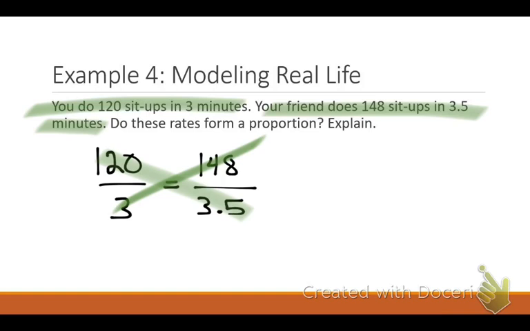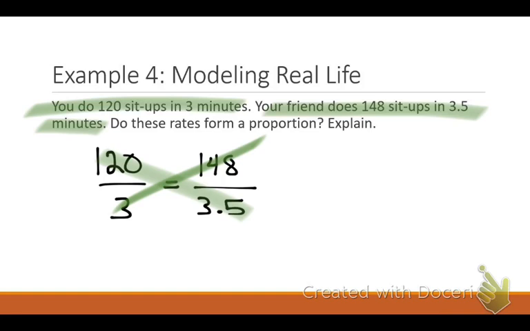If they don't, then they're not. How do you know it's cross multiply? To reduce, you can do either one, but I would cross multiply for sure. If it says, do they form a proportion, I would cross multiply to solve.